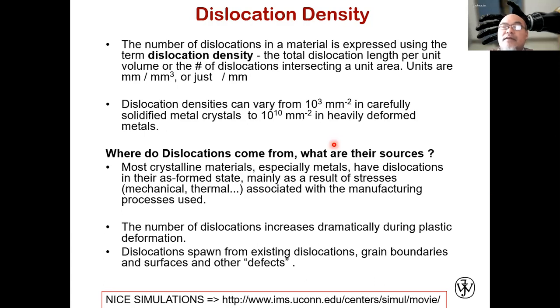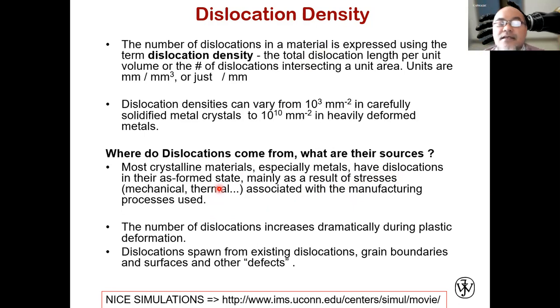For example, when they are cooled suddenly from high temperature, the material can have thermal stress. All of these are usually associated with the manufacturing process being used. So by controlling the manufacturing process, we can also control the number of dislocations.